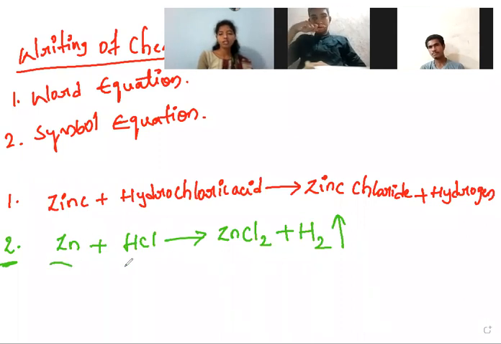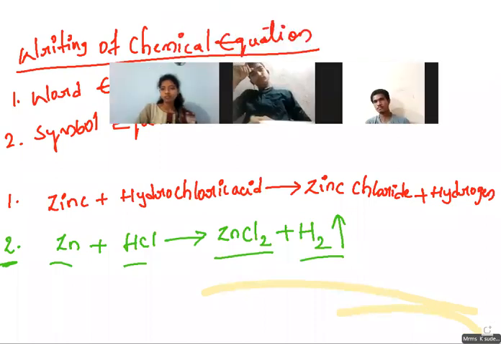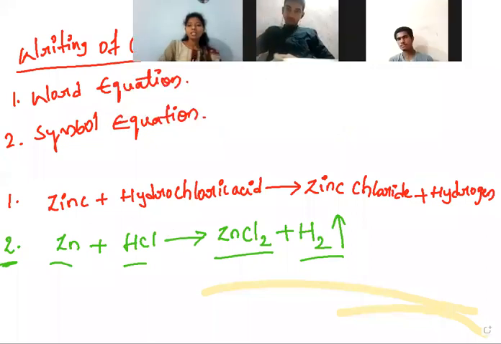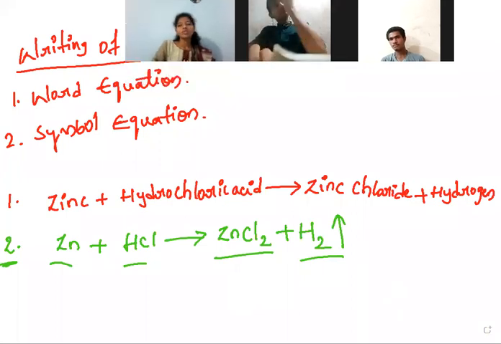This is one formula, this is one formula, this is one formula, and this is one formula here. So we call this a chemical equation. The combination of chemical symbols and chemical formulas gives one chemical equation.